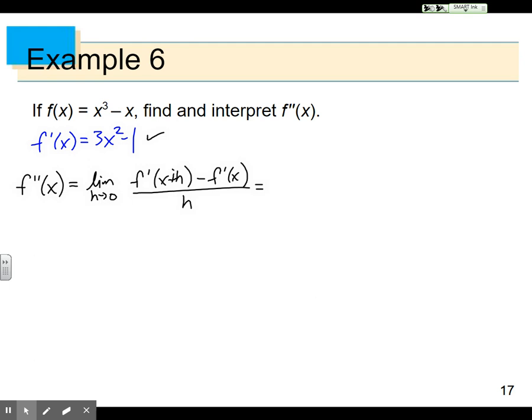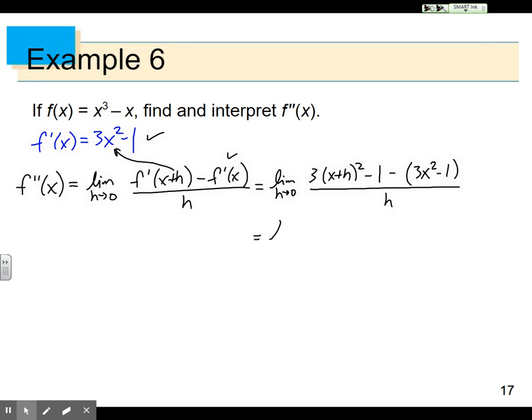So I'm going to just plug in x plus h into here. Okay. And then I'm going to subtract off my f prime. Again, look at my use of parentheses on there. I'm going to make sure everything cancels, because everything should cancel again if I work this right.